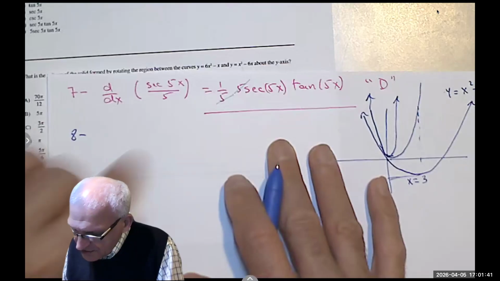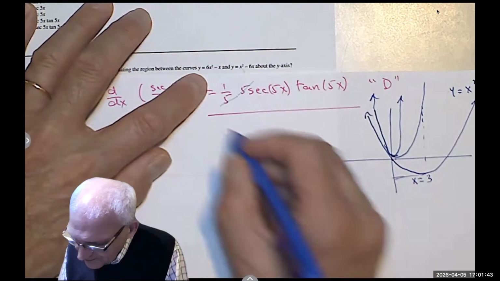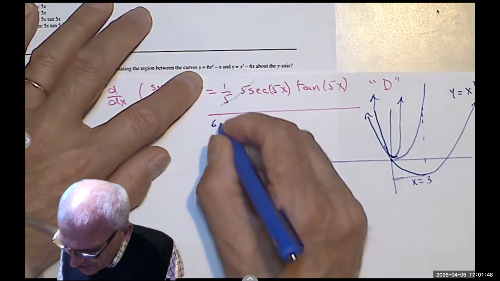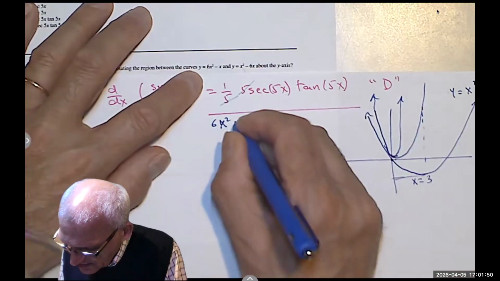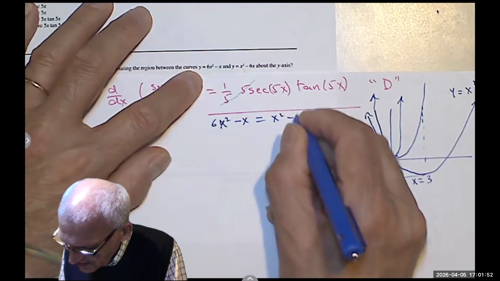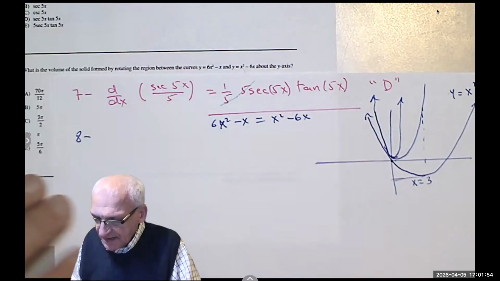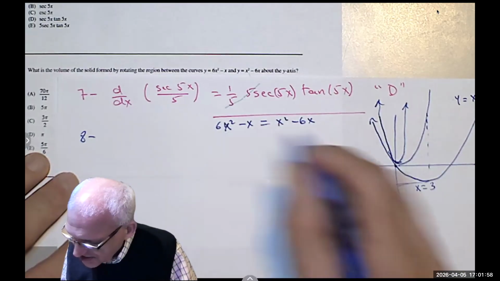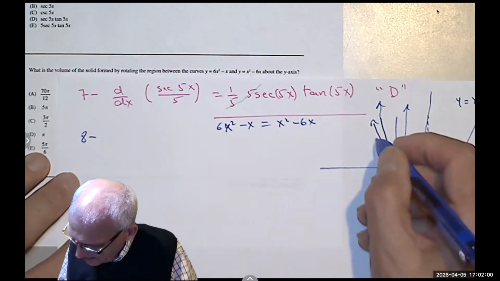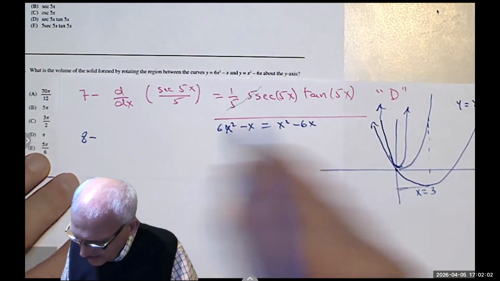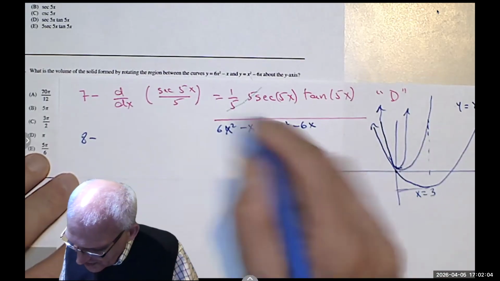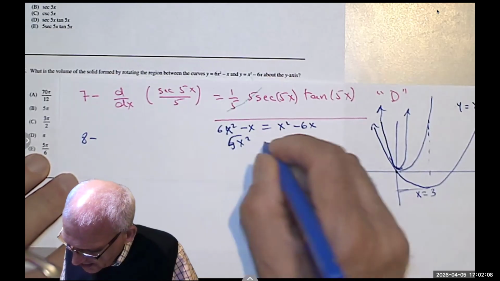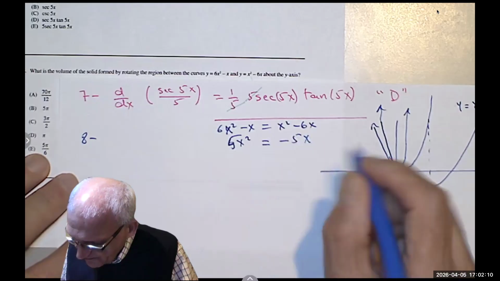Where are they going to intersect? At 0, 0. I didn't draw it correctly, but then you would say 6x squared minus x equals x squared minus 6x, right? So you can solve for the other point of intersection. When you move this, you will get 5x squared equals negative 5x.